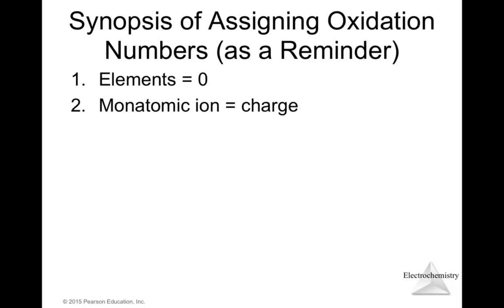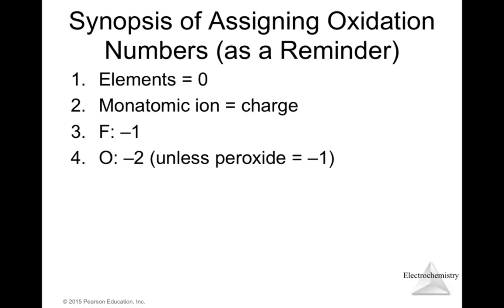For monoatomic ions, the oxidation number is the charge. If the ion is from family 1, the charge is +1, so the oxidation number is also +1. All of family 2 has a +2 charge, so that's also the oxidation number. Fluorine is -1.